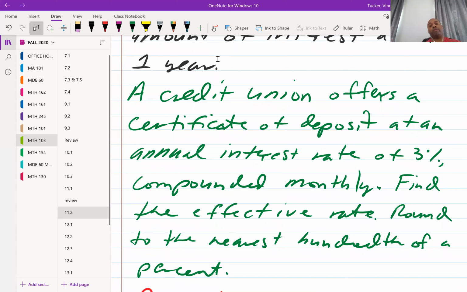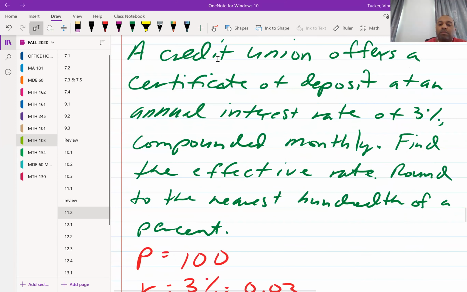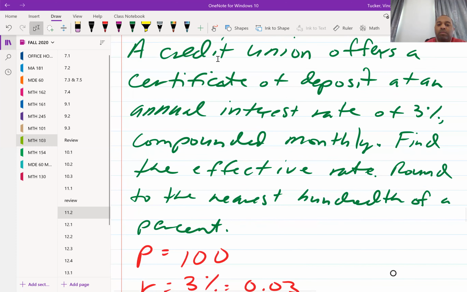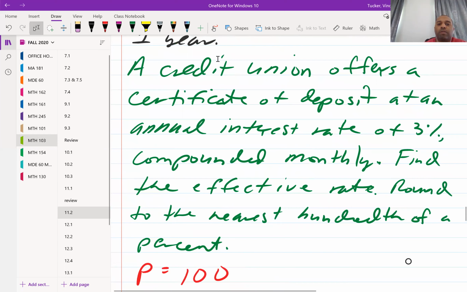So once again, we have a credit union offering a certificate of deposit at an annual interest rate of 3%, compounded monthly. Find the effective rate and then round to the nearest hundredth of a percent. All right.